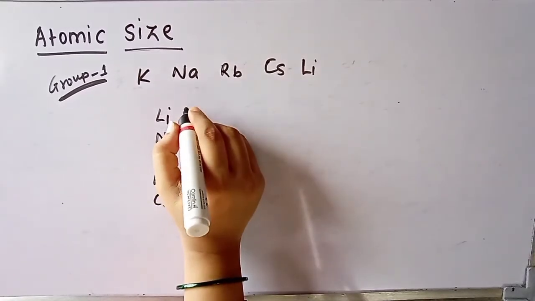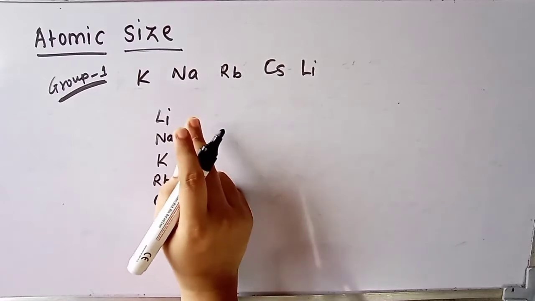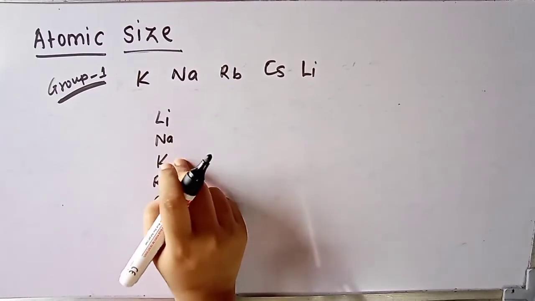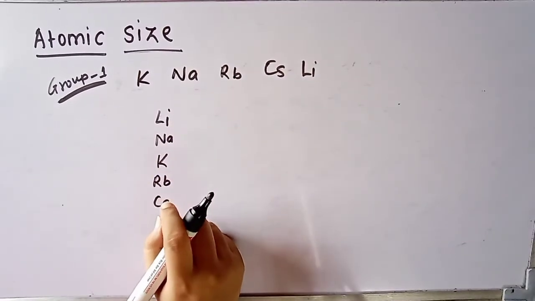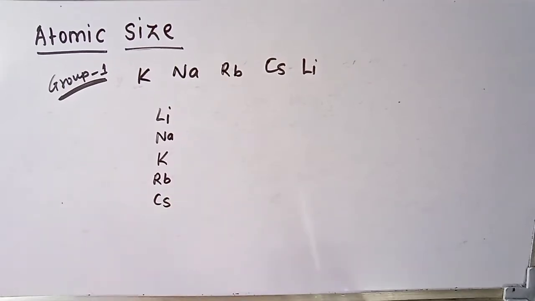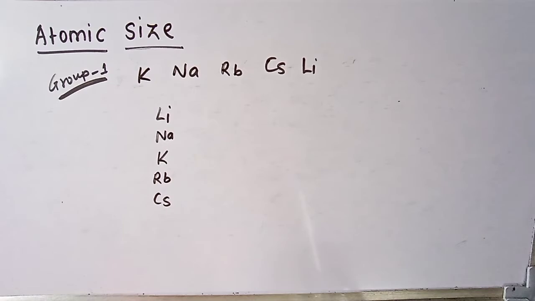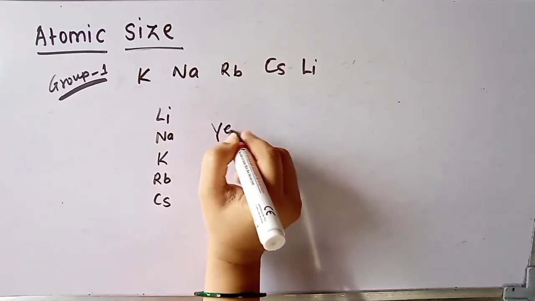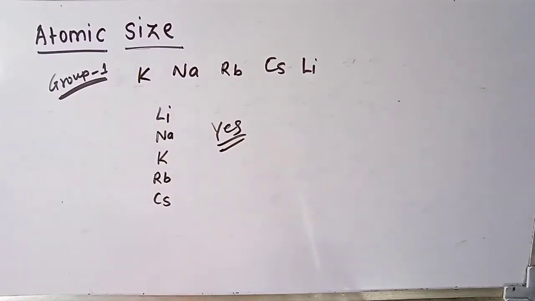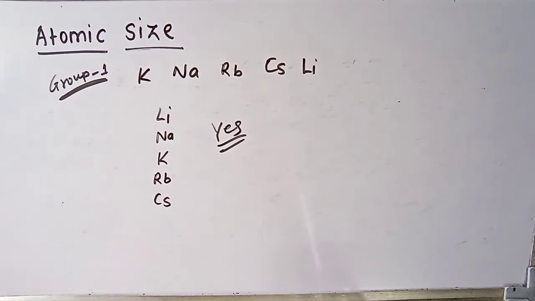Okay, so this is the order: lithium, sodium, potassium, rubidium, cesium. Third question, does this arrangement match with the pattern of group 1 of the modern periodic table? Yes, if you see in the modern periodic table, the arrangement is the same. So yes, the arrangement of the elements as per the increasing order of atomic radius matches with group 1 of the modern periodic table.